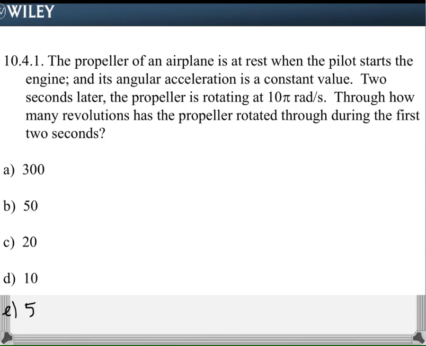Its initial velocity is 0 radian per second and final 10 pi radian per second. It comes to this in 2 seconds. How many revolutions does it do in 2 seconds?